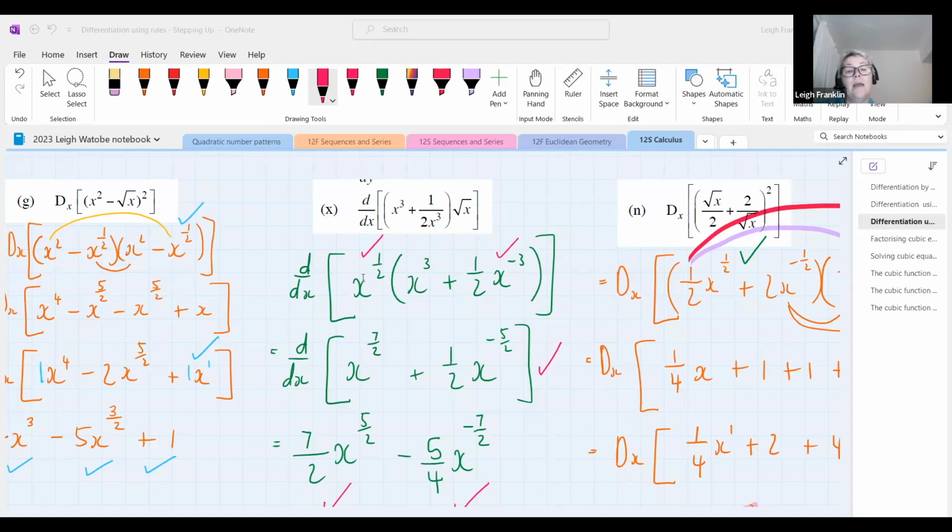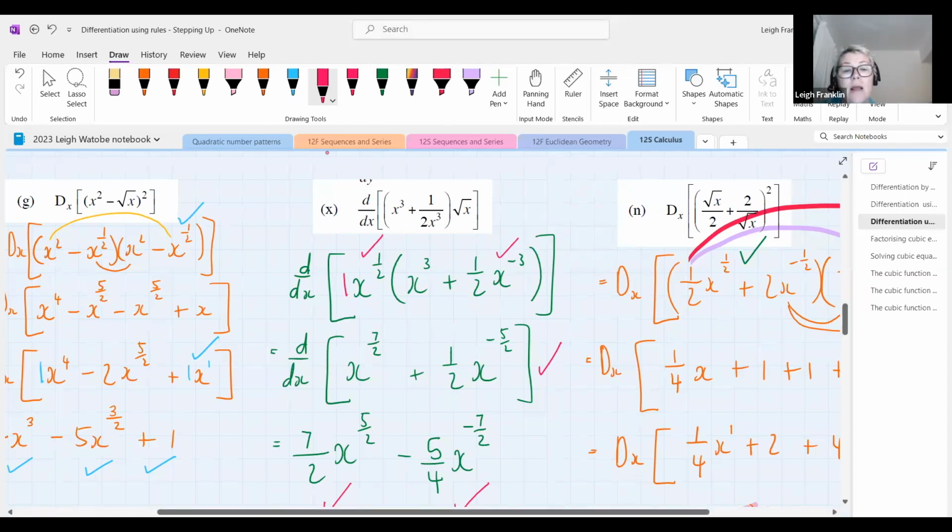So you're multiplying x to the power of a half with x to the power of 3. When you multiply like bases, you add your exponents. So 3 plus a half is 7 over 2. Okay, and then 1 times a half is a half.